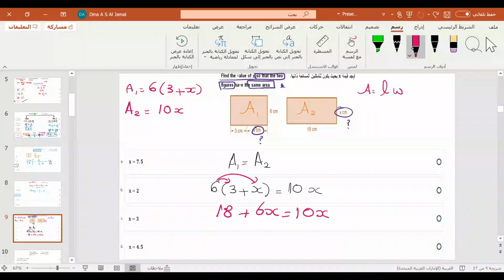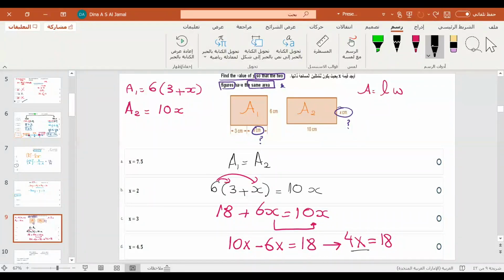If I shift this to the other side, 10x minus 6x equals 18, which gives me 4x equals 18. Divide by 4, and x is 4.5. That's it.